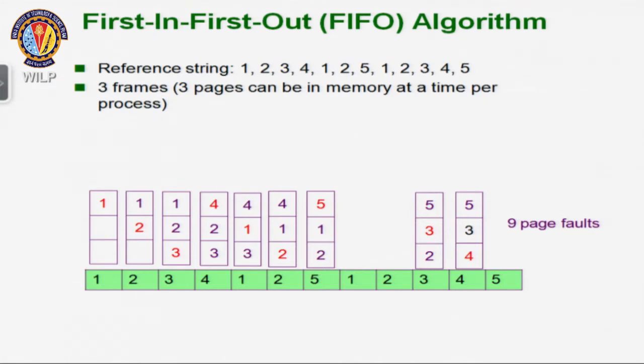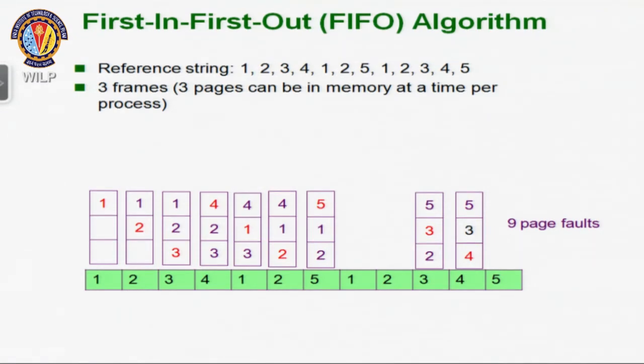So let us assume that the frames allocated to a process are 3 frames at a given point of time, because the system has finite resources, and every process is allocated some amount of resource at a given point of time. These boxes are indicative of frames.